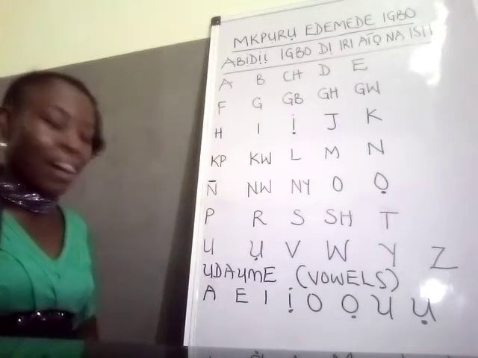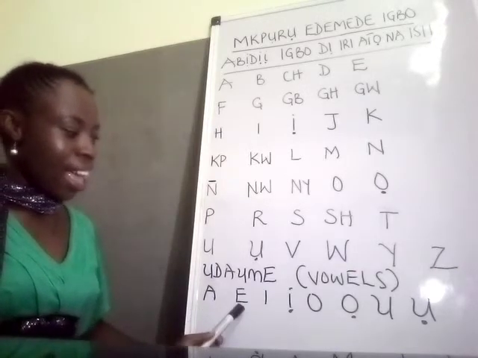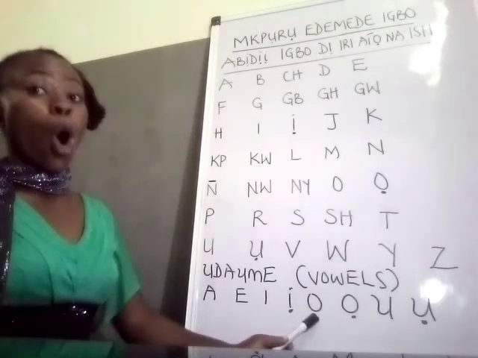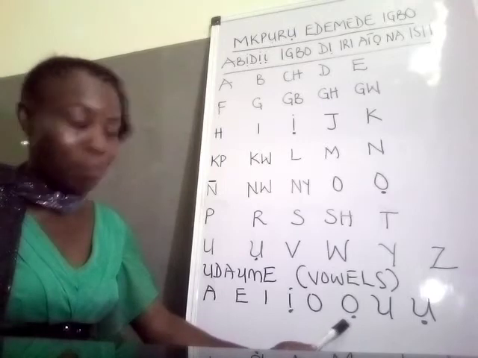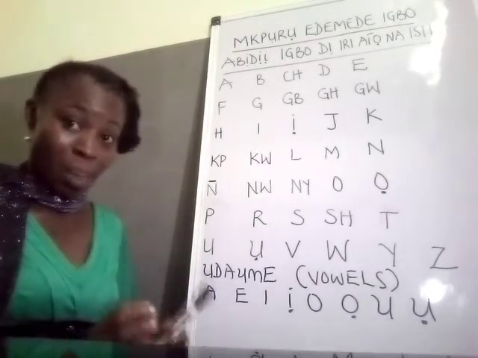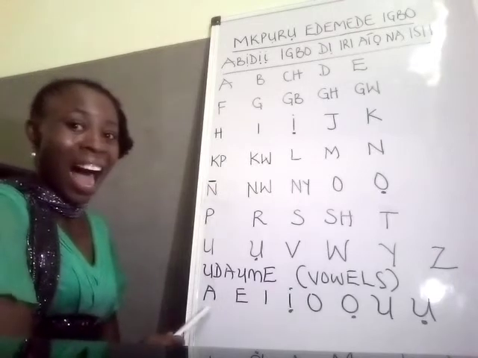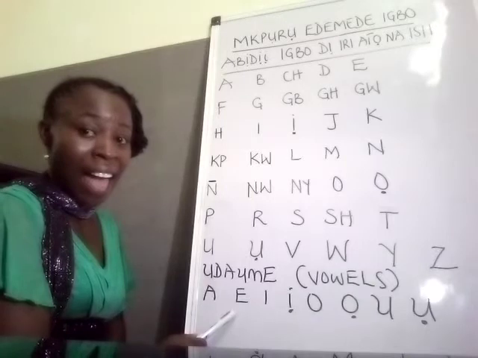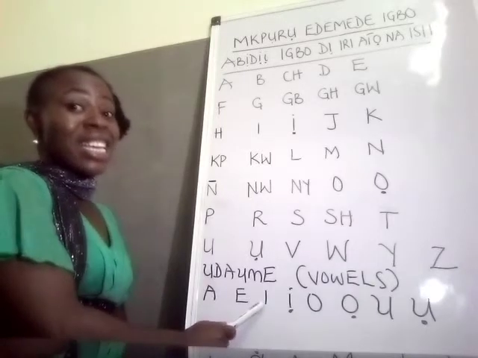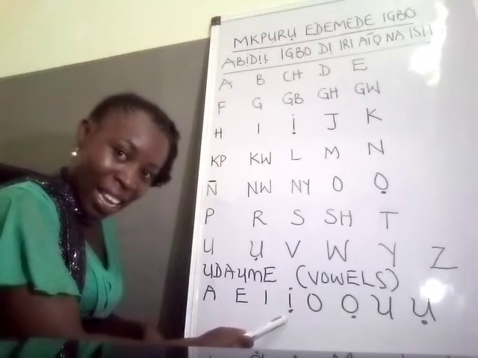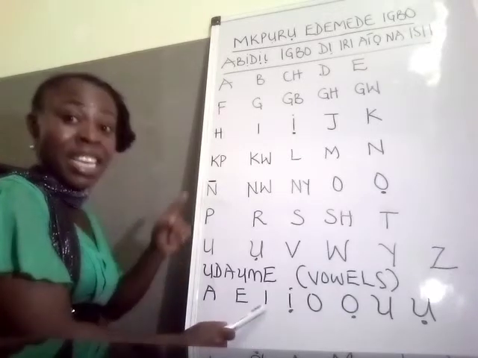And they are a, e, o, u. I'm going to take them one after the other. A, e. This one with the dot. E. Let's go again.